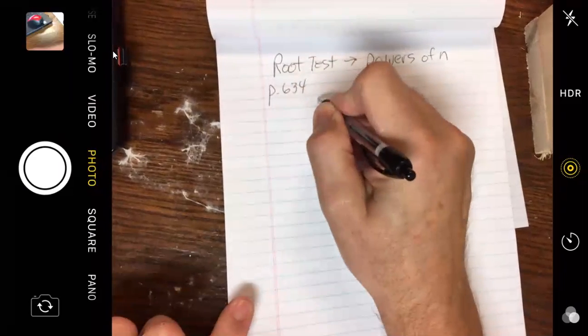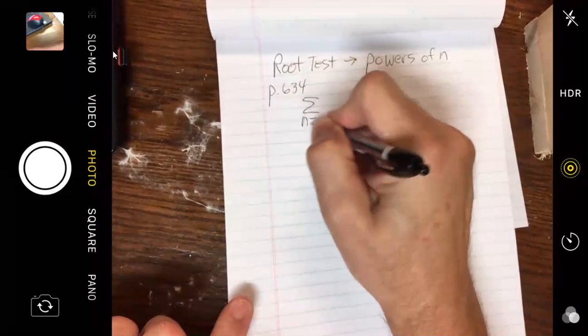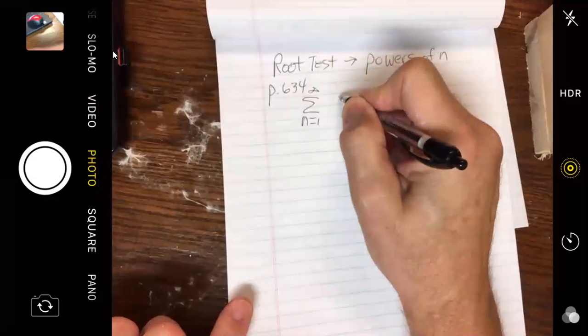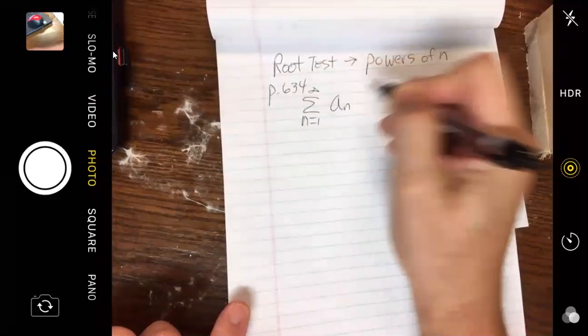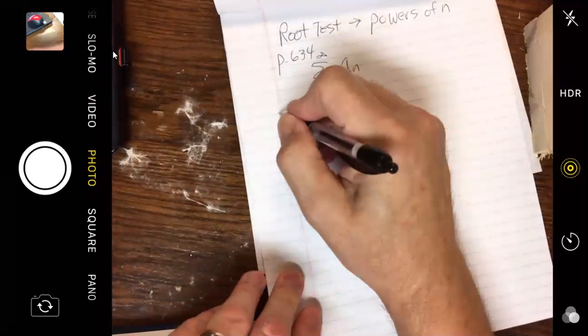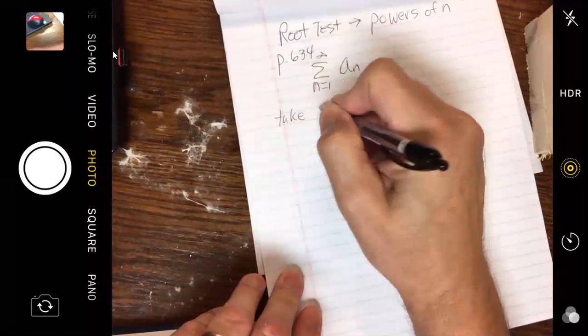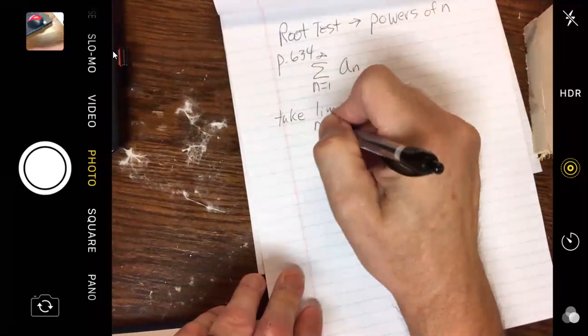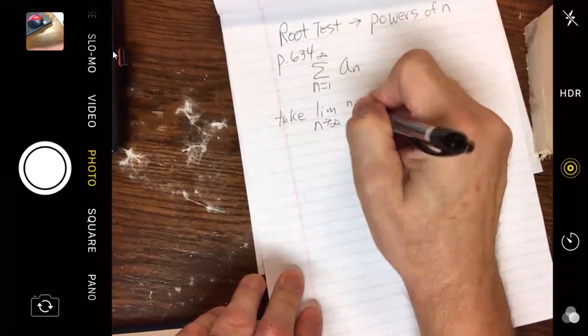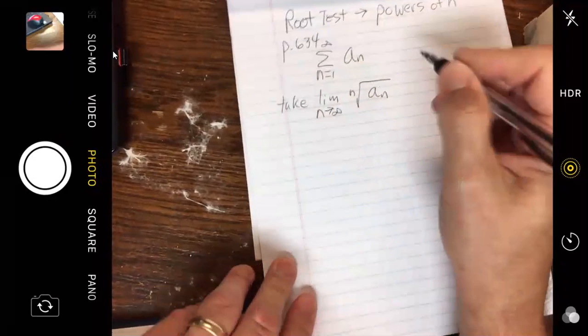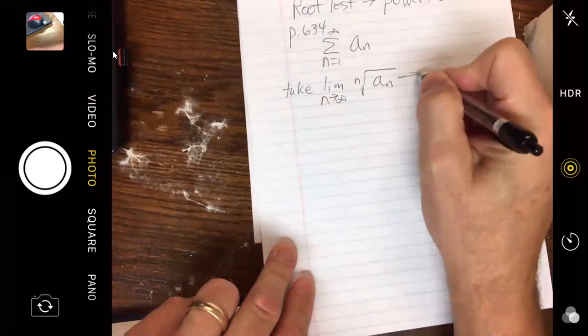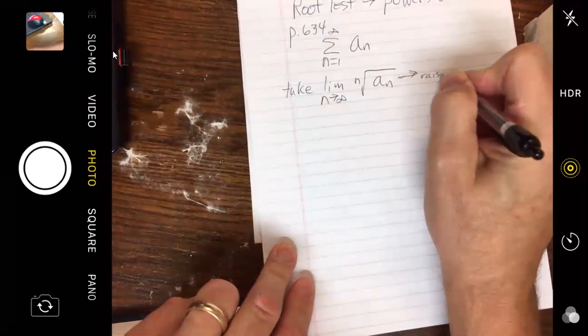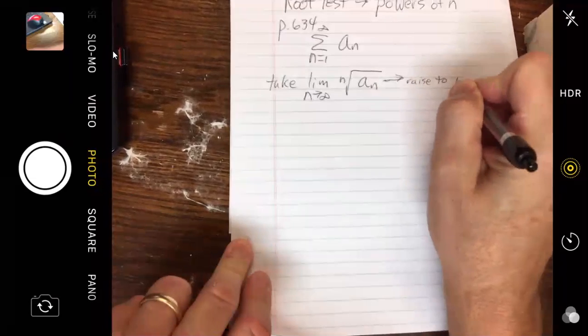You have a summation of n equals 1 to infinity of a sub n. And you take a limit as n goes to infinity of the nth root of a sub n. So this will shine when this is raised to an n power.